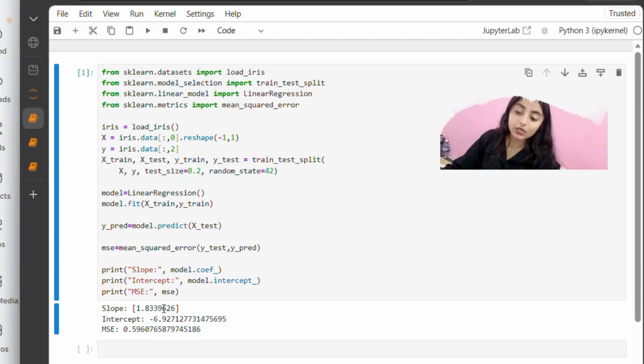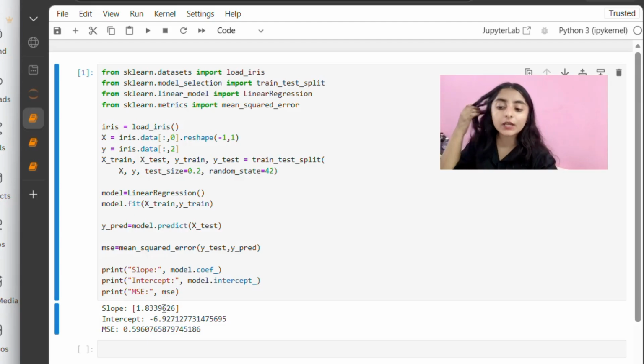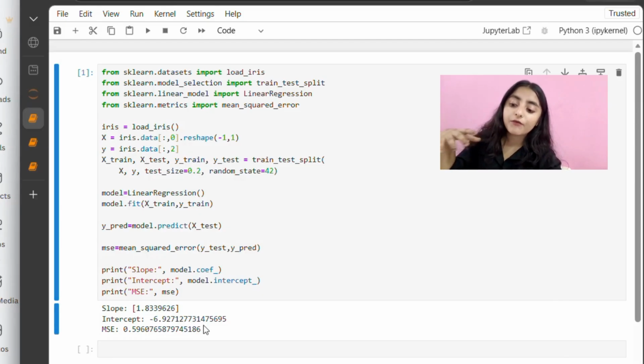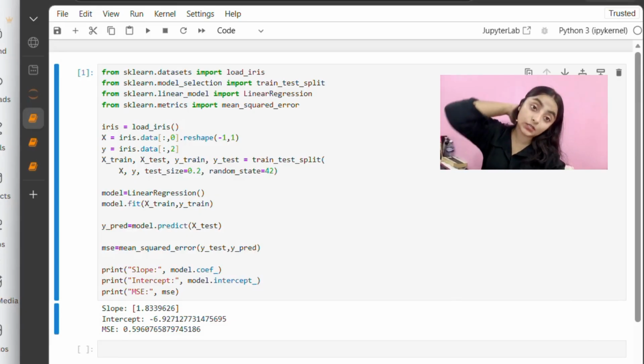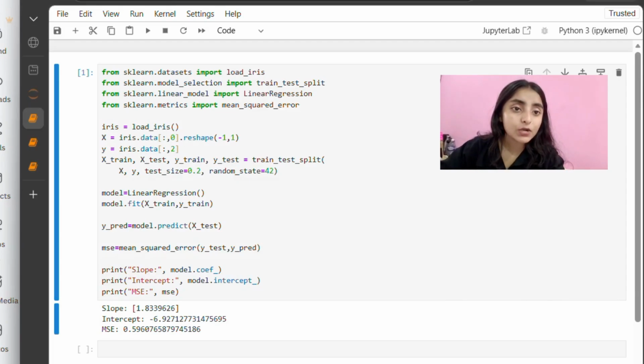I hope you understand the problem. Now let's talk about the advantages and disadvantages of linear regression. Coming to advantages, linear regression is very simple and very fast, easy to understand, good for linear relationships, and needs less training data. Coming to disadvantages, it works only for linear relationships, which means numerical data.